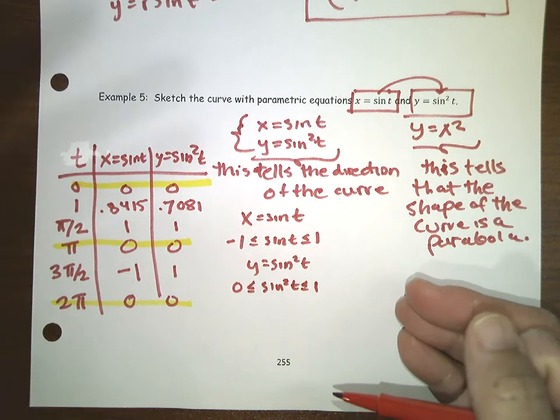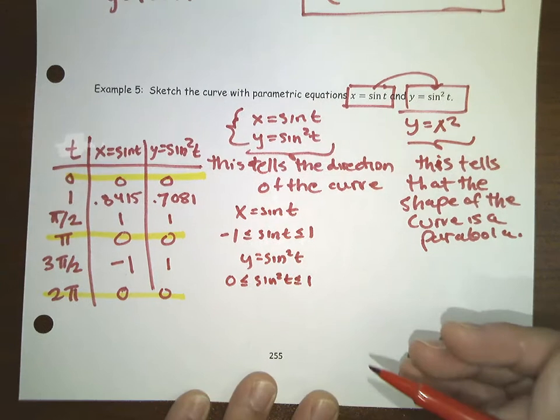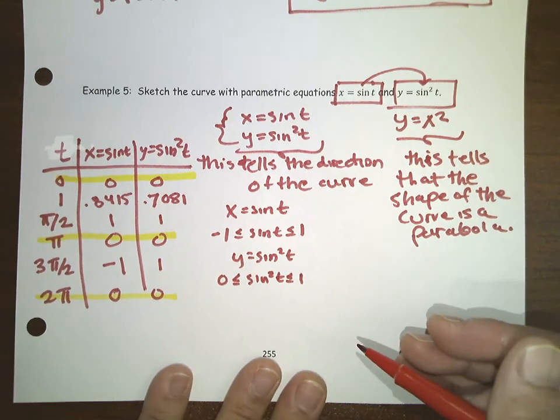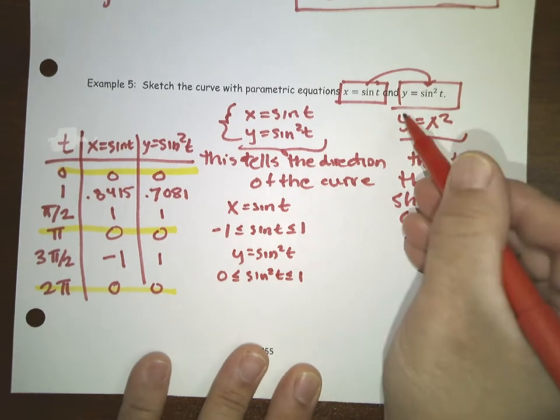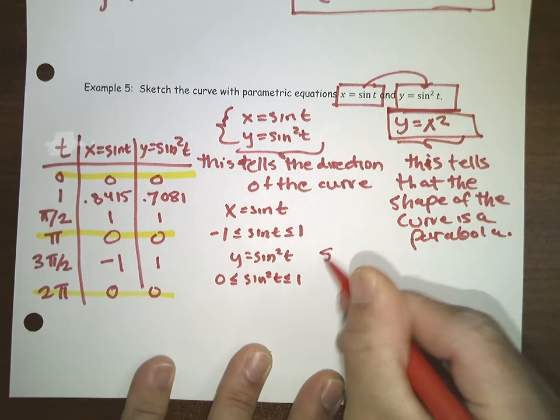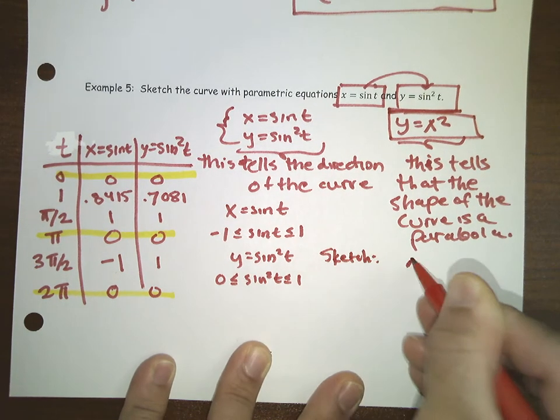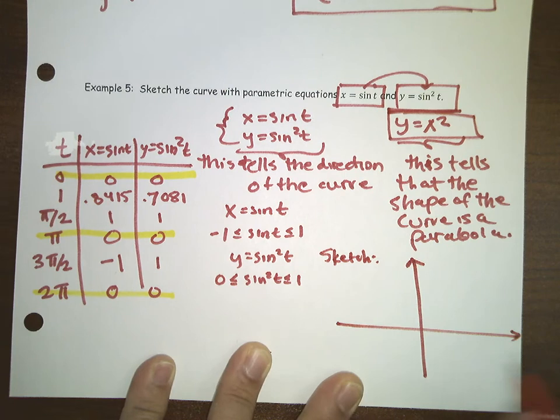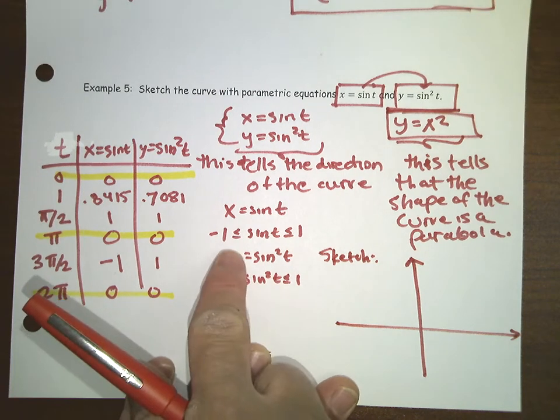So I can't have any y values that are greater than 1. So even though this is y equals x squared, it's not the entire parabola. It's only the part of the parabola where y is between 0 and 1 and x is between negative 1 and 1.